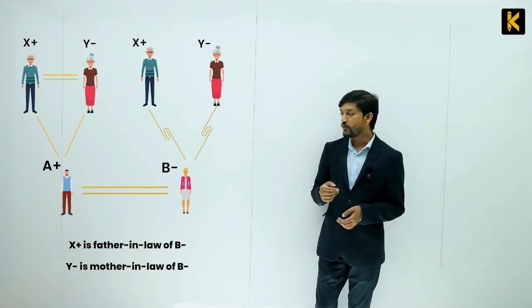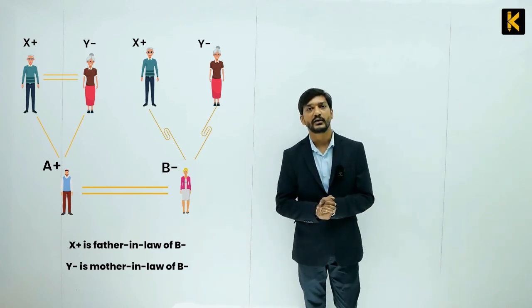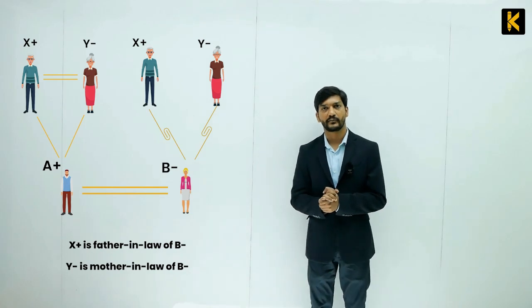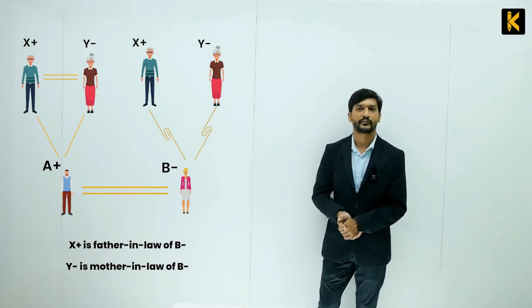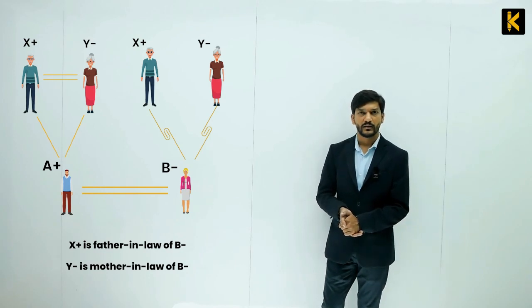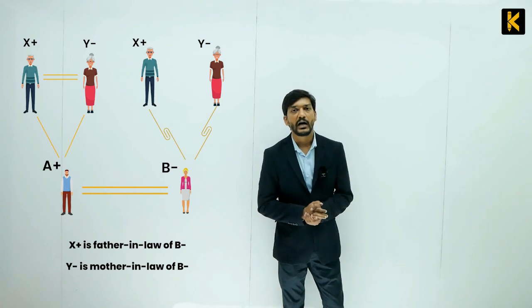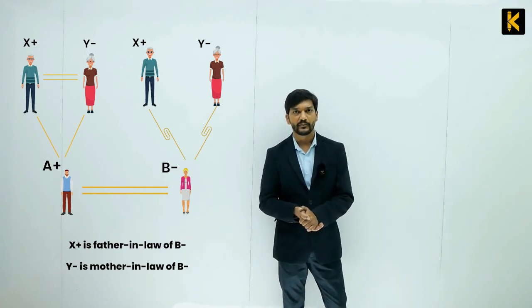So in case if I want to show a relation between them, I will be using the symbol which I have taken for the in-law relation. Okay, what symbol I have taken? This symbol. Okay, so X and Y are father-in-law and mother-in-law for the wife.